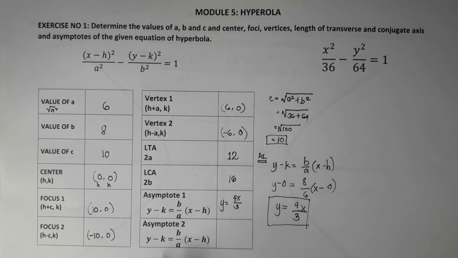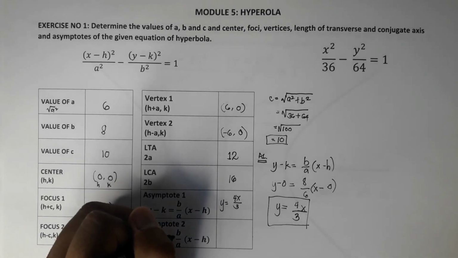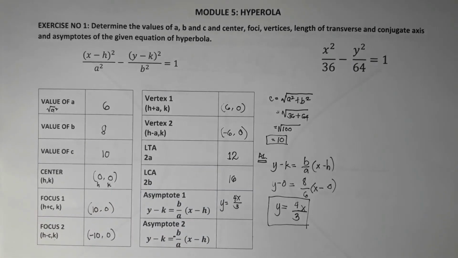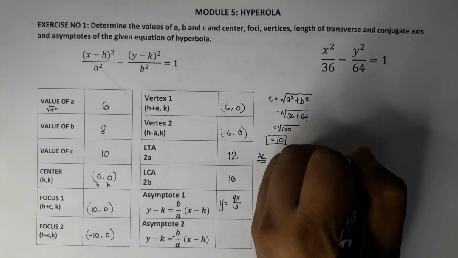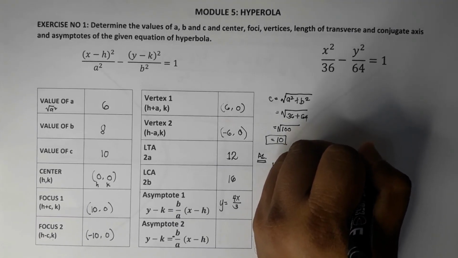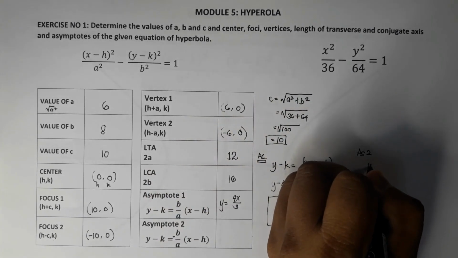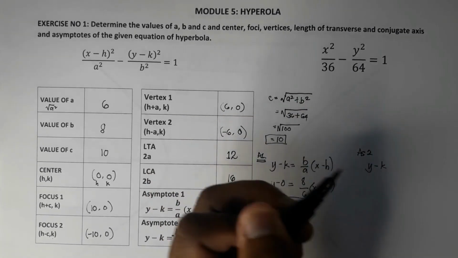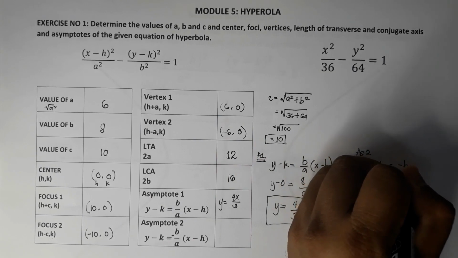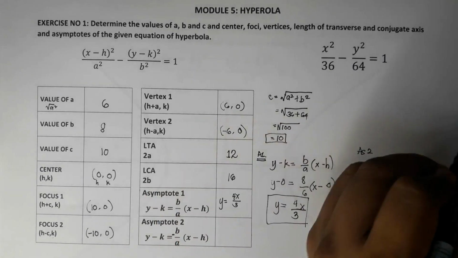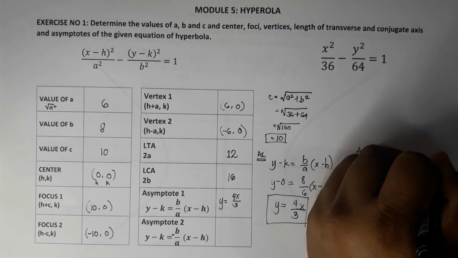Okay? Next, punta tayo sa second asymptote. For our second asymptote, meron siyang minus dito. Minus b over a. So, parang ganito lang din siya. So, this is our second asymptote. So, I have y minus k equals negative b over a times x minus h.